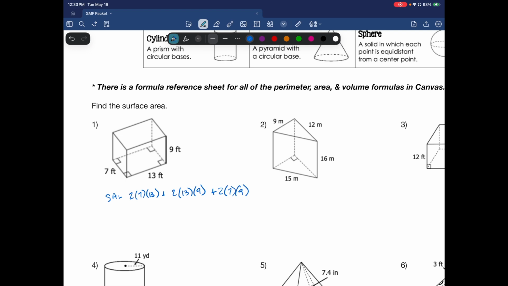It doesn't matter which order you put these in. You need a 7 by 13, a 7 by 9, and a 9 by 13, and it doesn't matter where you put them as long as you have all of them included. When you use your calculator, it's going to give you 542 feet squared.